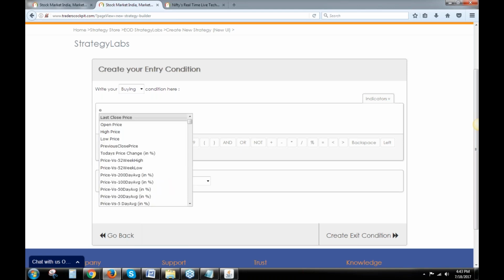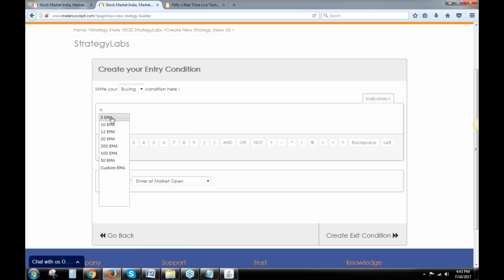You just need to type the initials. For example, as soon as I type E or EMA, it will give you the list of all the standard EMA values available for backtesting. Similarly, if you want to check MACD, you just need to type MA or MACD.